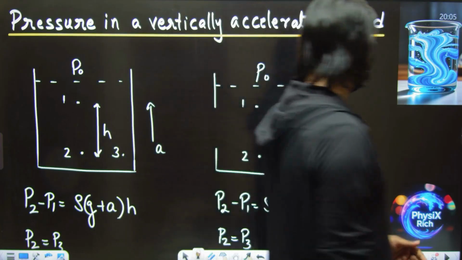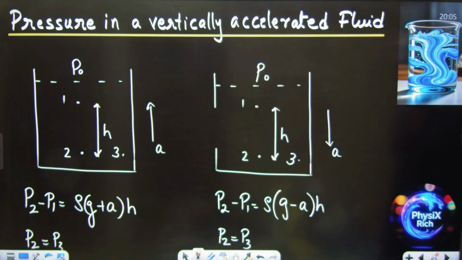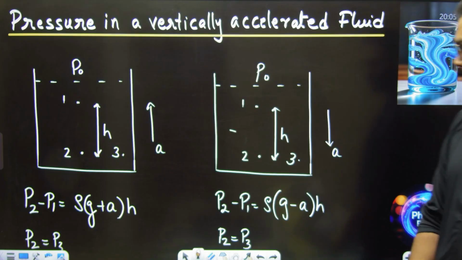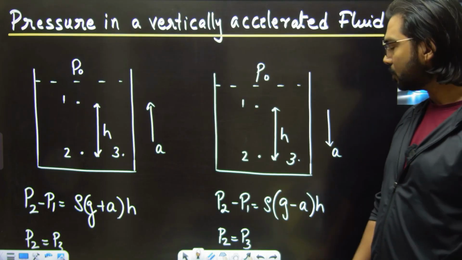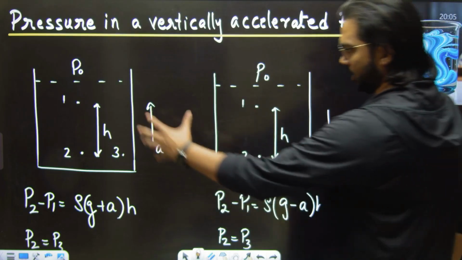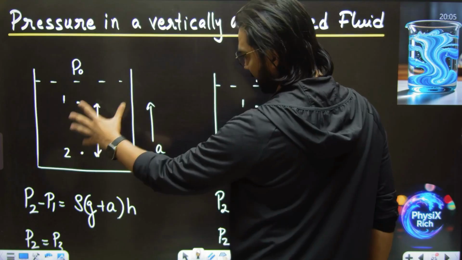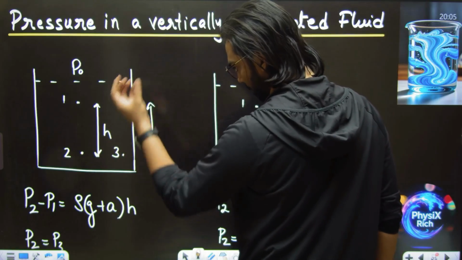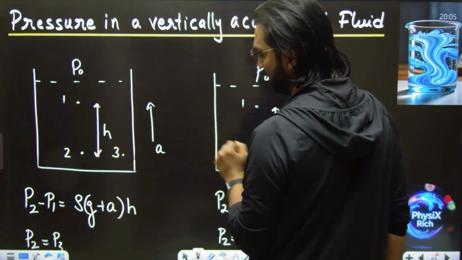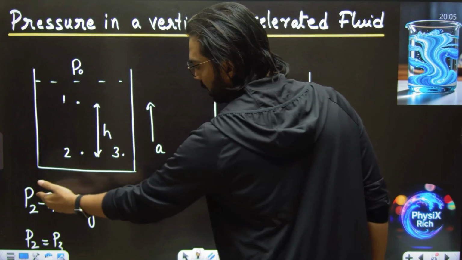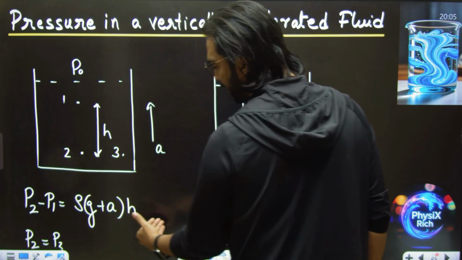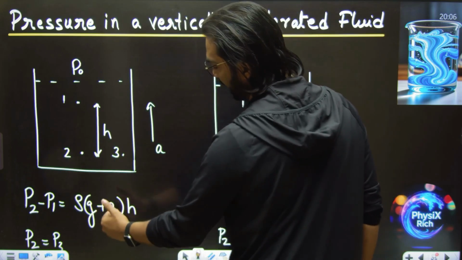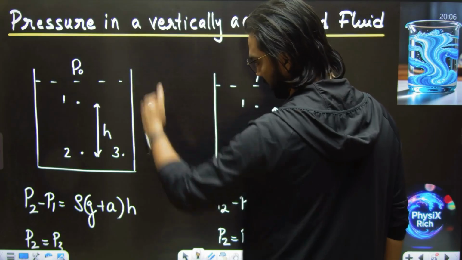Okay. Now let's talk about pressure in a vertically accelerated fluid. You see, guys, if I have this vessel which is kept in a vertically accelerating lift, then instead of the difference in pressures being equal to rho gh, I will have rho g plus a times h, where a is the acceleration of the lift.